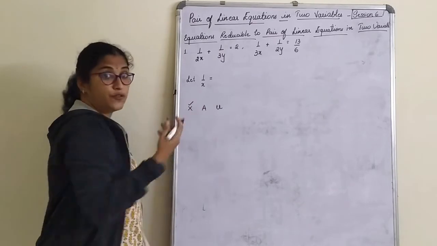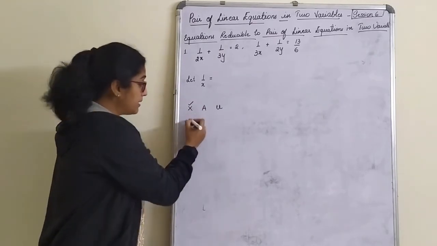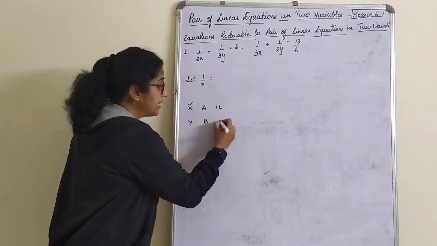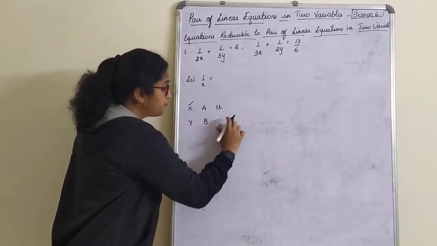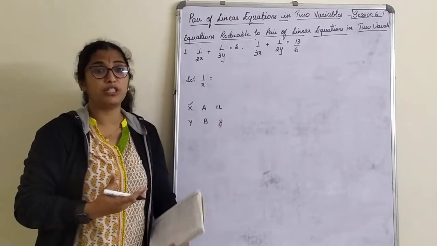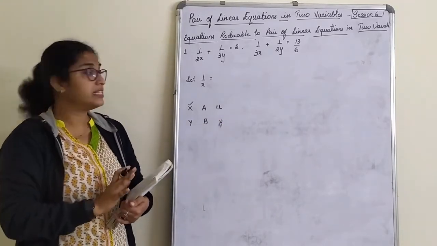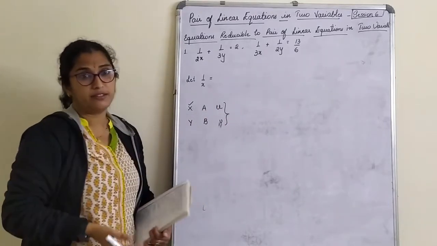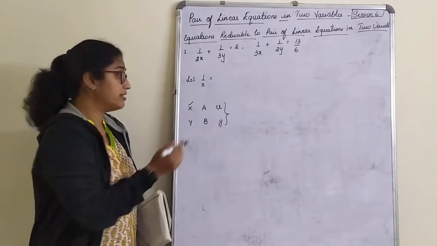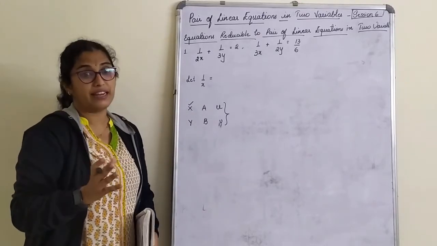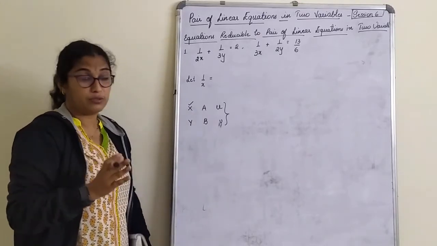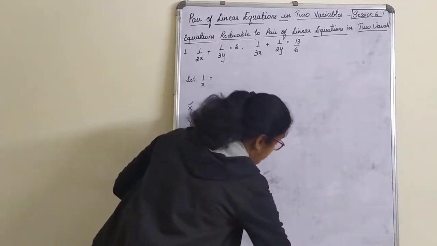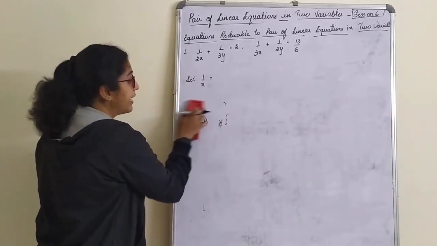Usually some books have capital X and capital Y, some books give capital A and capital B, some books give U and V. What I have seen in the majority of schools and in some of the NCERT books, they usually prefer U and V. Let's go with U and V. There is no hard and fast rule, children. You can choose any variable, but stick to the one you are using. Do not use the same letters again, that leads to confusion. So I will be going with U and V.